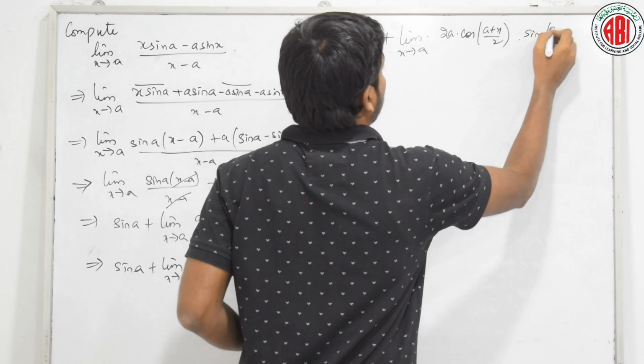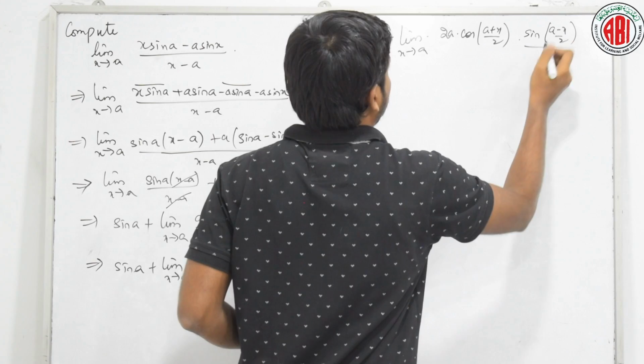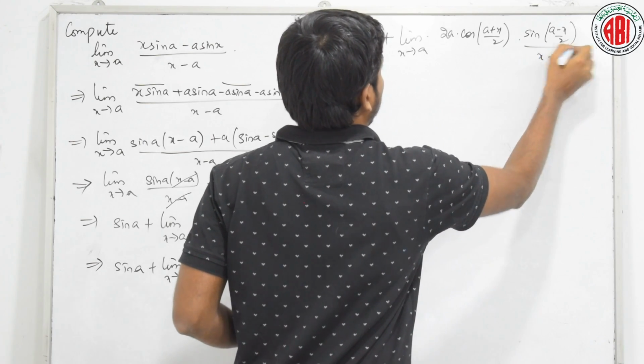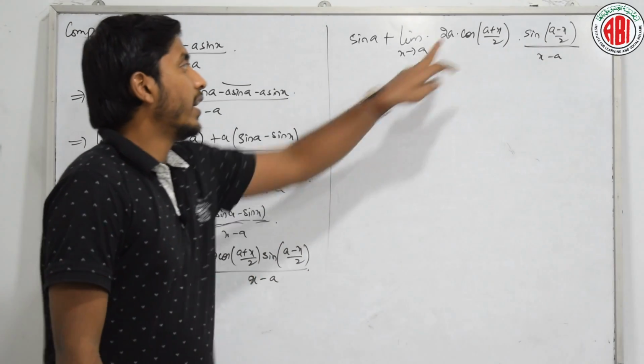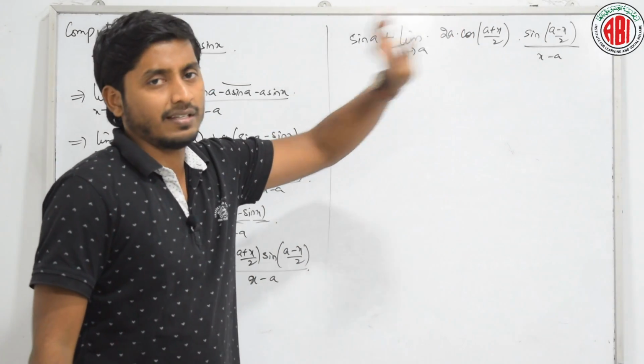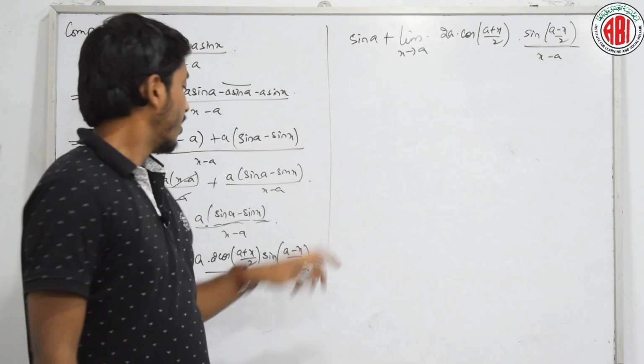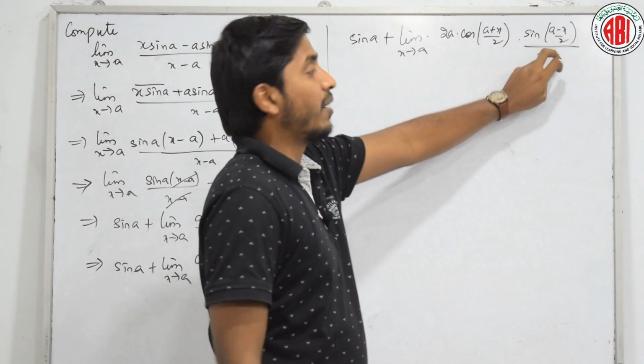Sin of (a minus x) by 2 divided by (x minus a). Is it okay? What are the terms we have now? Here, limit x tends to a of the cos term is cos a, right? What about the next term? Sin of (a minus x) by 2.